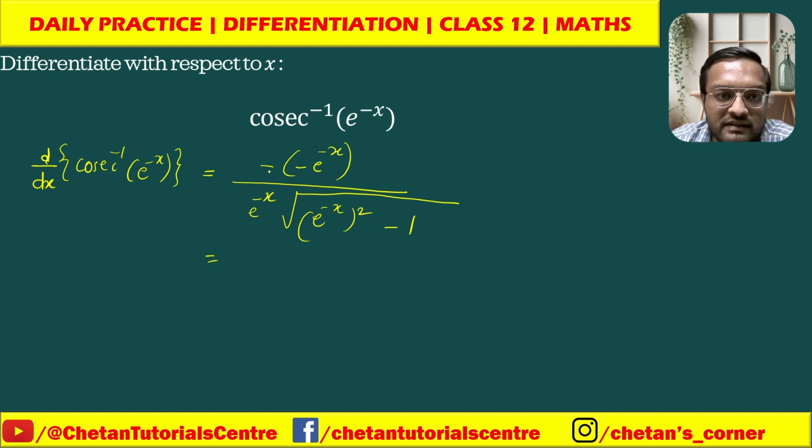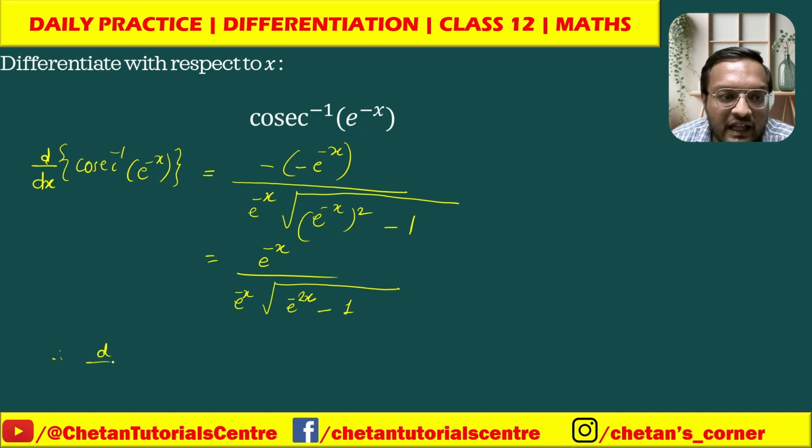Now I will simplify this. Minus into minus will become plus. So e raised to minus x divided by e raised to minus x as it is. And here I will use laws of indices, and what will I get? Minus x multiplied by 2 will give me minus 2x, minus 1.